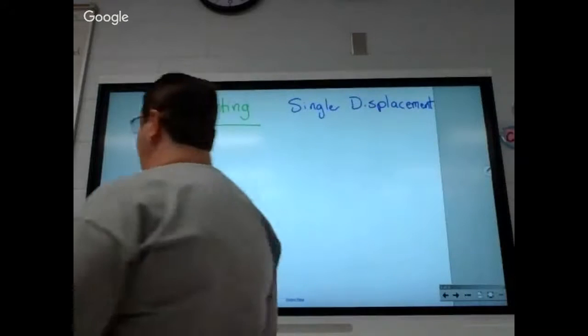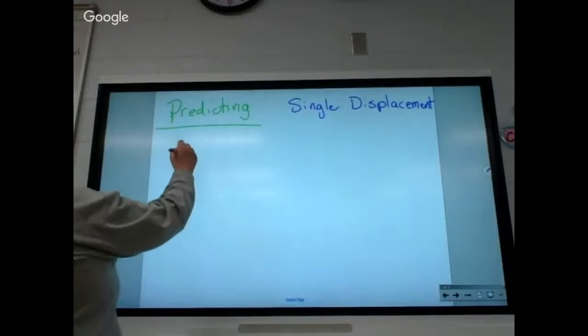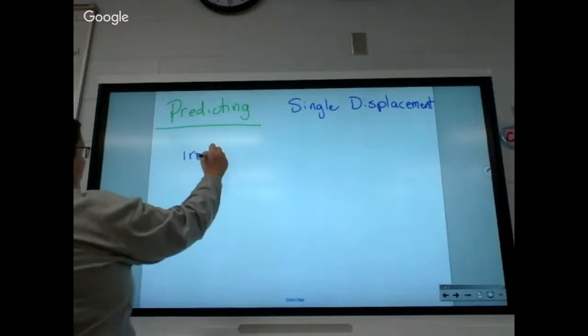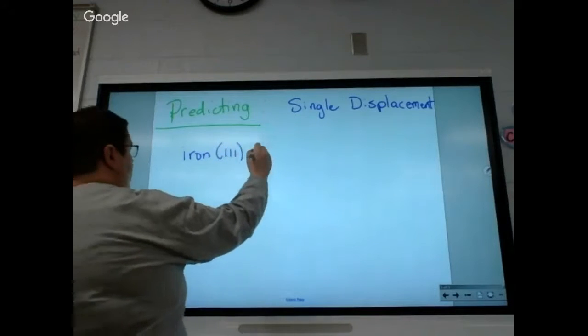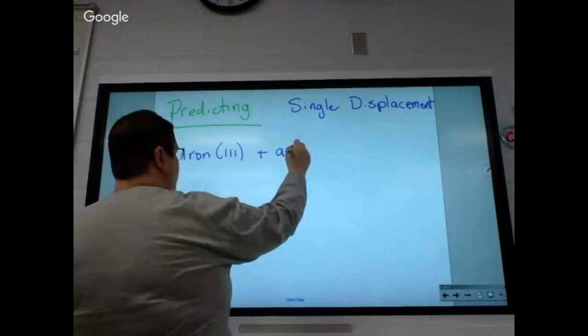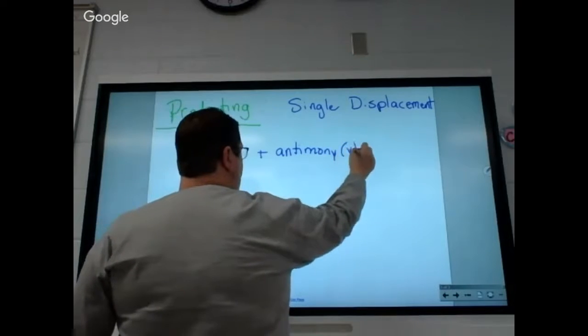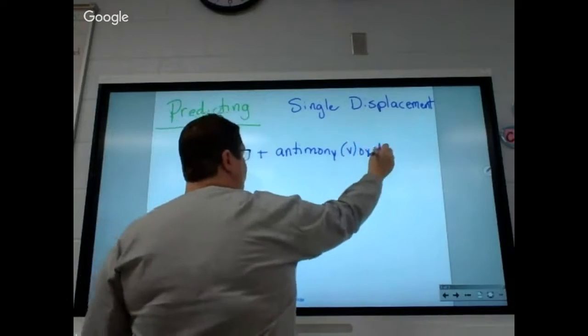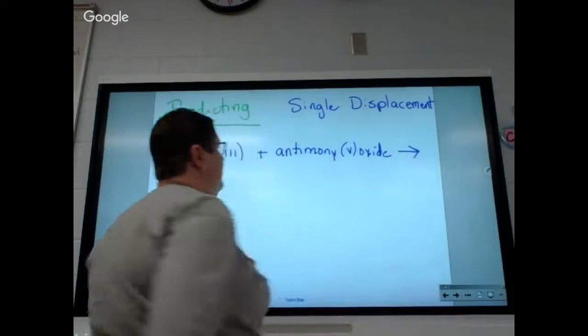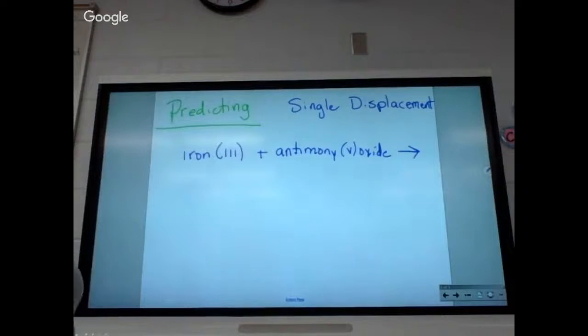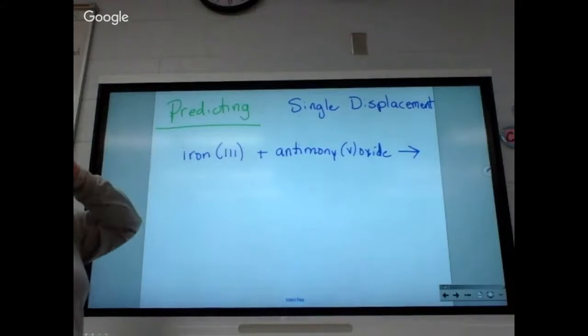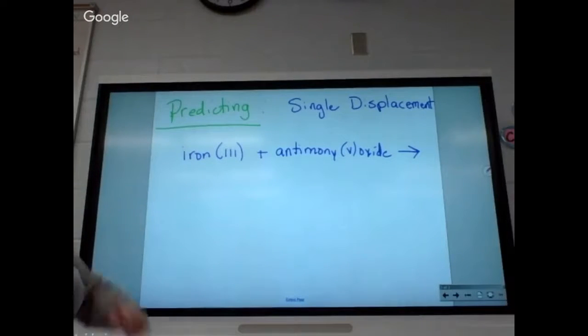Now, predicting in a reaction. Suppose we want to do iron 3 plus antimony 5 oxide yields. That is a standard single displacement reaction. Iron 3 is your element, antimony 5 oxide is the compound, and we want to predict what we're going to get on the other side, correct?